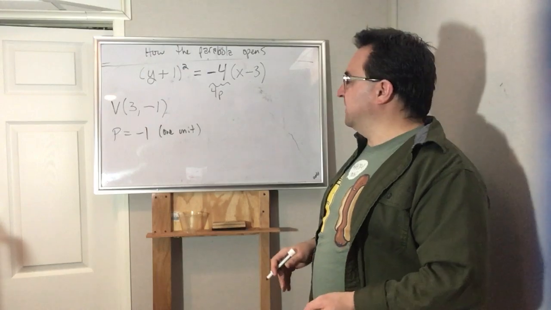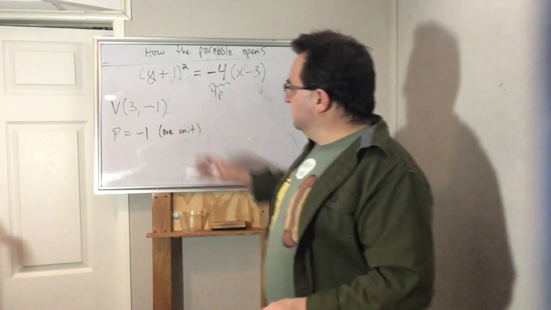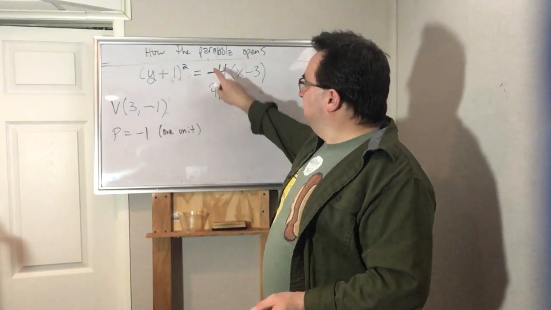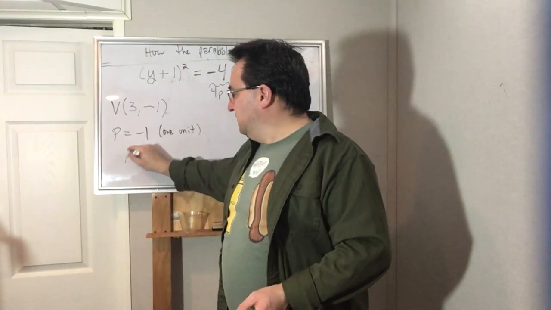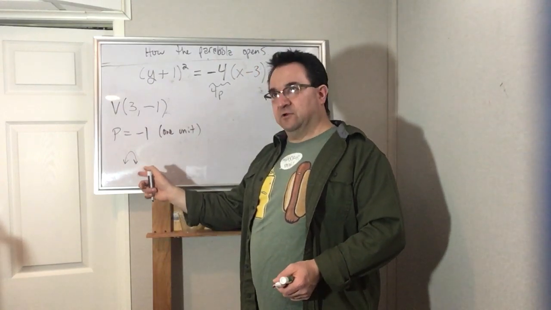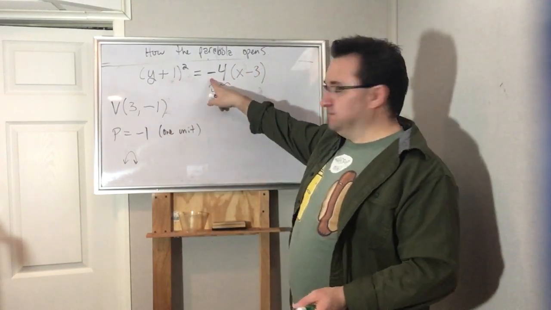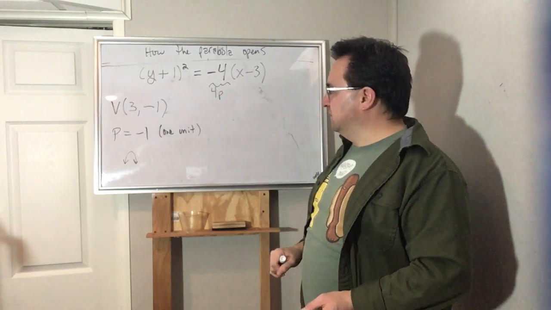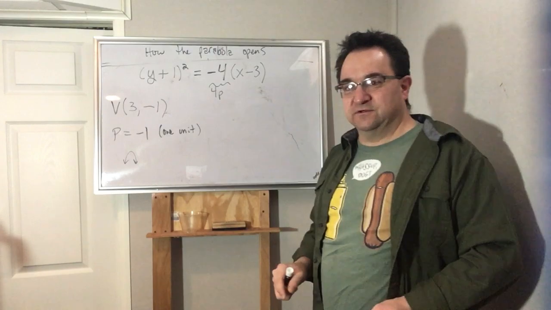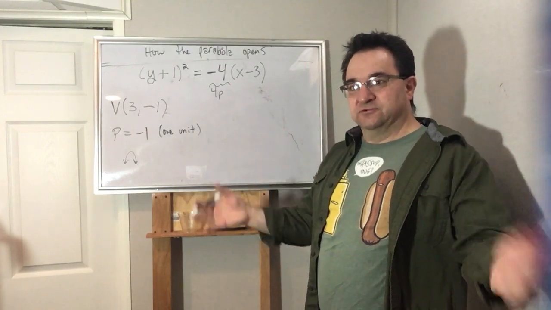I don't really care about the minus. All right. Furthermore, it's y squared, so I know that that's either up or down. And because I see that minus, I know it opens down. So it's going to be a vertically oriented parabola, up or down. Specifically down because of the minus. I know where the vertex is, and I know how far it is to the focus and directrix. So those are the puzzle pieces.